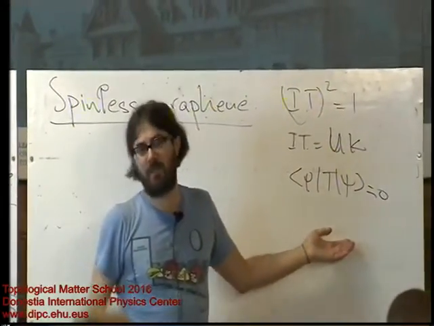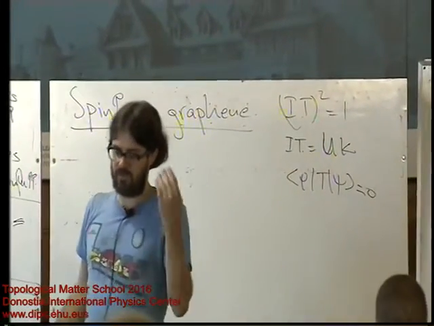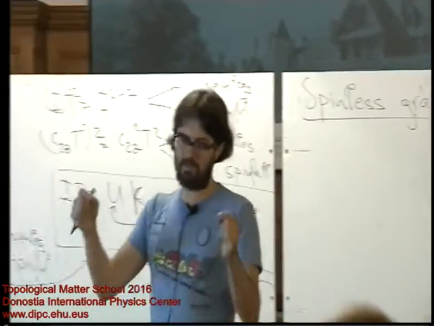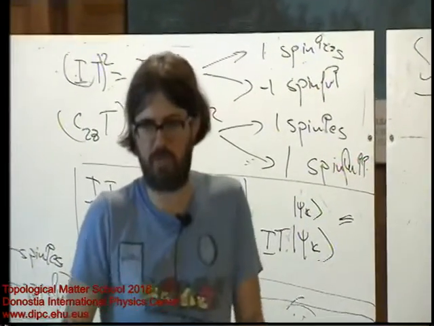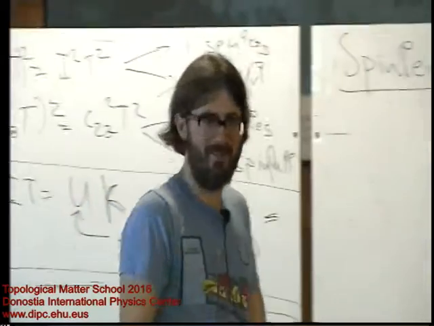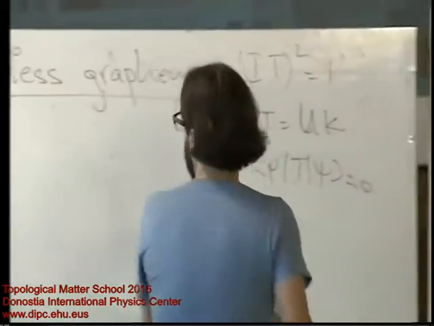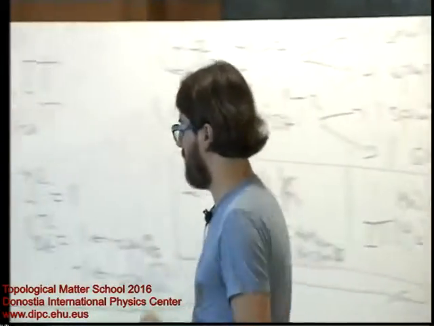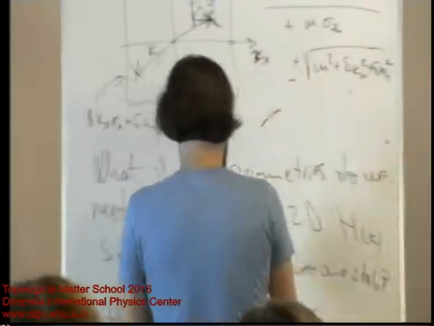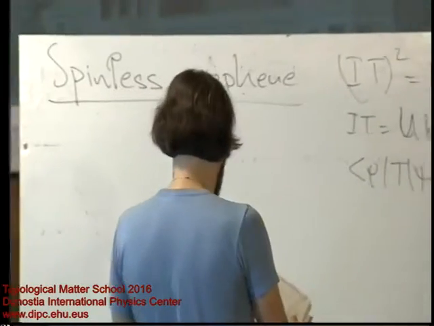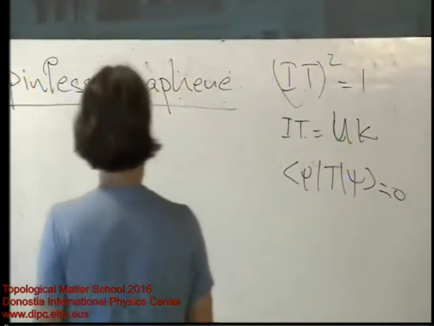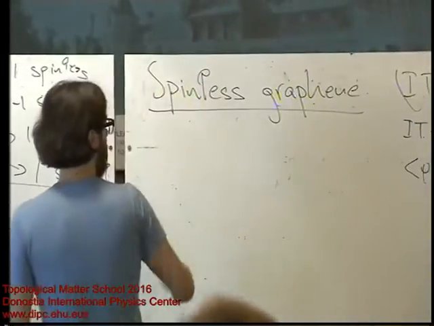So in the spinless case, bands with inversion and time reversal come singly degenerate. Of course, if you want to add spin, you just have to double them. One for spin up, one for spin down. But in any case, let's just talk about spinless graphene and understand what this gives to the system.